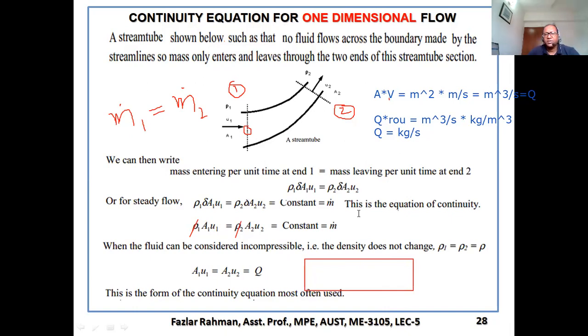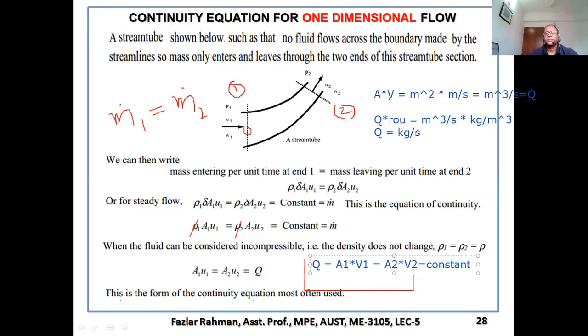Sometimes we write it this way: Q equal to area at section 1 multiplied by velocity at section 1, equal to area at section 2 multiplied by velocity at location 2, and this equals a constant.